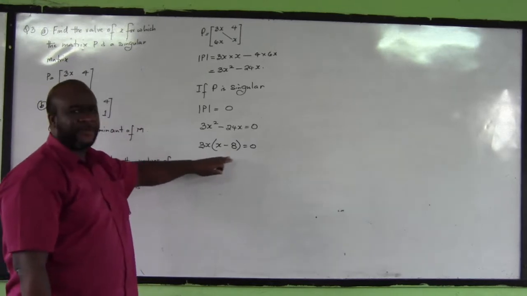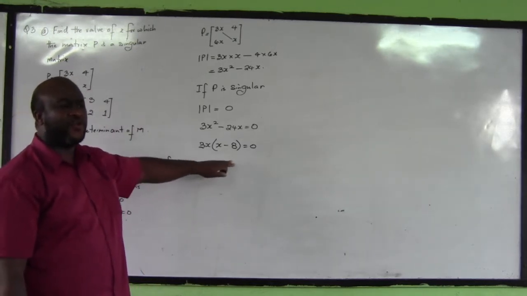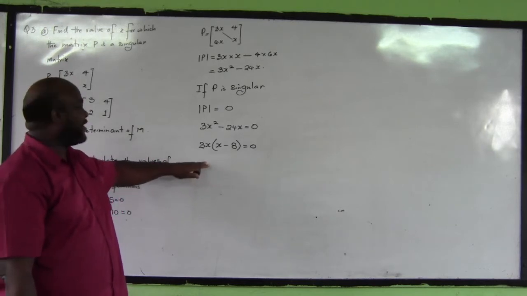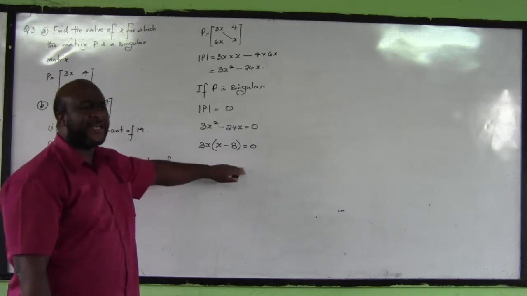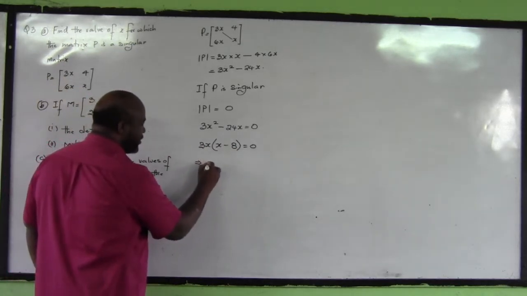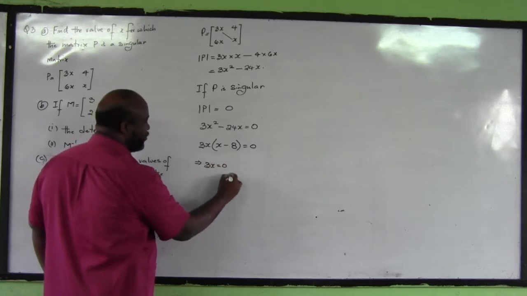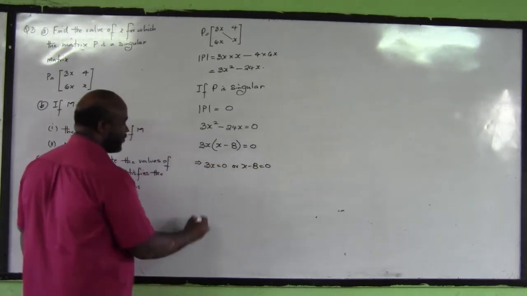So now I'm multiplying two numbers and I'm getting 0. If you're multiplying two numbers and you're getting 0, either the first number is equal to 0 or the second number is equal to 0. So therefore, 3x is equal to 0 or x minus 8 is equal to 0.